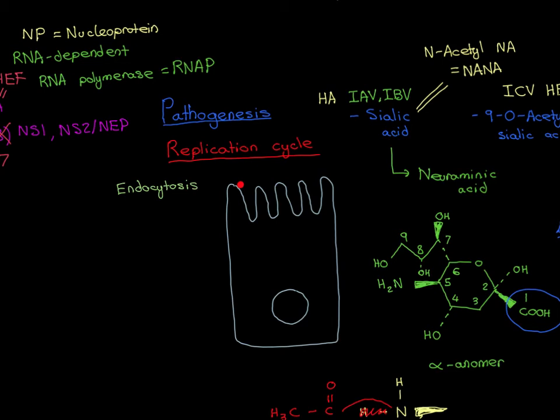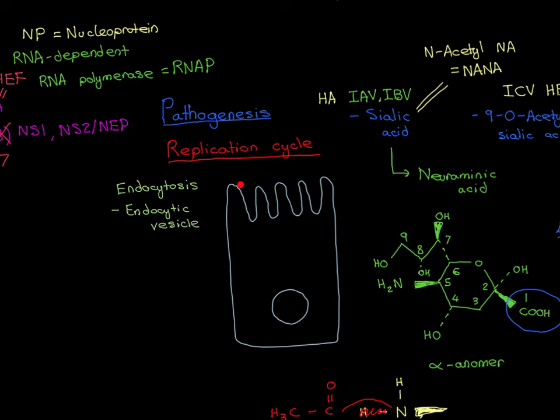The internalization of plasma membrane, cell membrane, to form an internal membrane compartment, which is called usually an endocytic vesicle. So, the influenza virus binds to the surface of the cell membrane, and then what's going to happen is it's going to be endocytosed, so the membrane that it's bound to will be internalized, and it will form an endocytic vesicle that's going to contain the influenza virus.